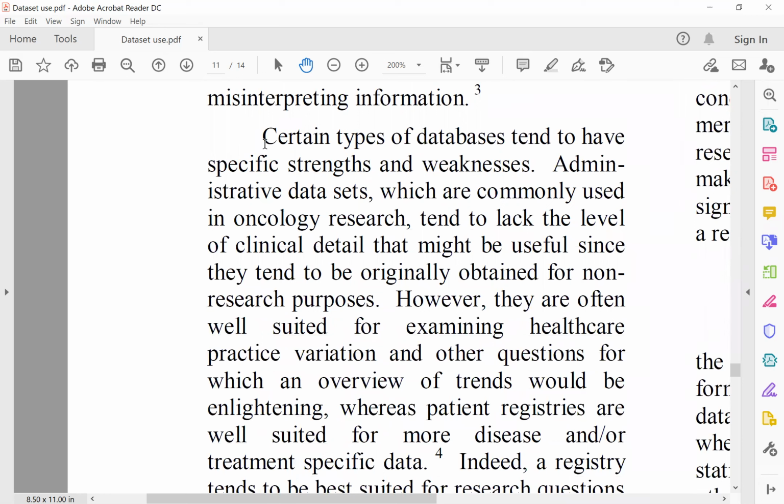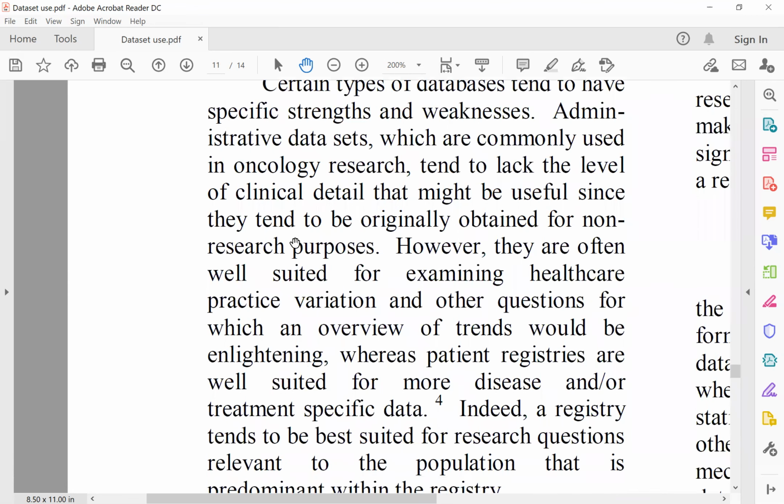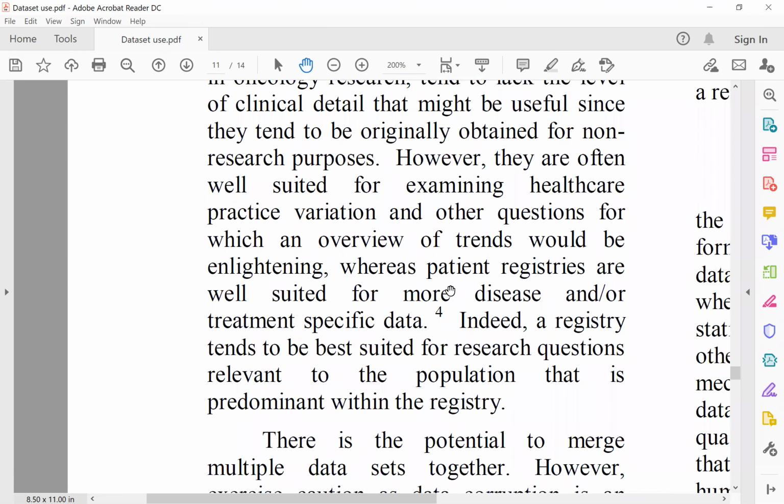Certain types of data tend to have specific strengths and weaknesses. Administrative datasets, which are commonly used in college research, tend to lack the level of clinical detail that might be useful since they tend to be originally obtained for non-research purposes.